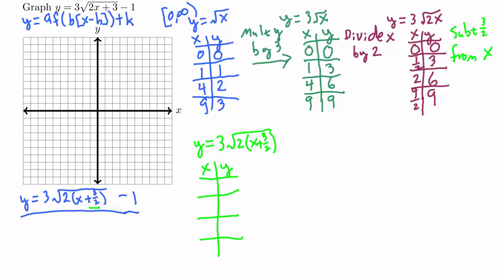Again, because it's affecting the x, the y values will all stay the same. Therefore, all of these still are 0, 3, 6, and 9, but the x values change.